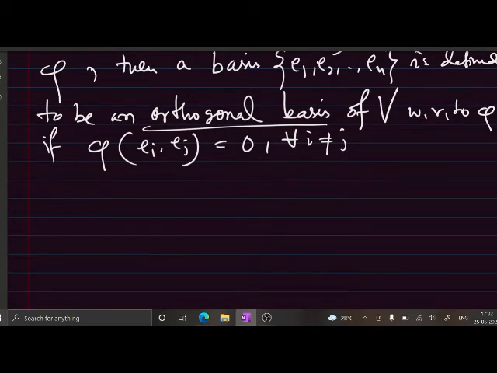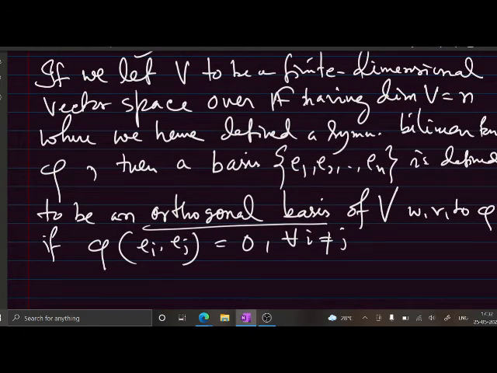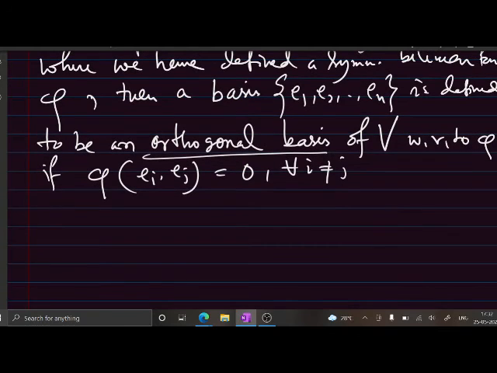Now let us introduce the notion of quadratic forms, analogous to the notion of norms on a vector space induced by an inner product. So suppose phi is a symmetric bilinear form.